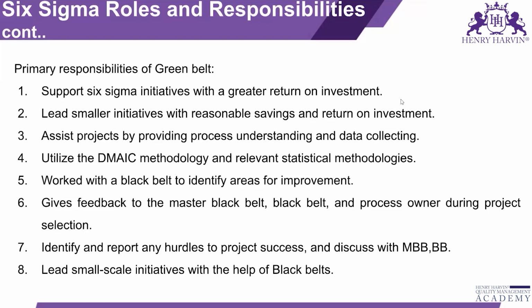Fifth, work with the black belt to identify areas for improvement. Sixth, give feedback to the master black belt and process owner during project selection. Seventh, identify and report any hurdles to project success and discuss with MBB, BB. Eighth, lead small-scale initiatives with the help of black belts. Any questions, please ask, because everything is already covered in the previous slides.